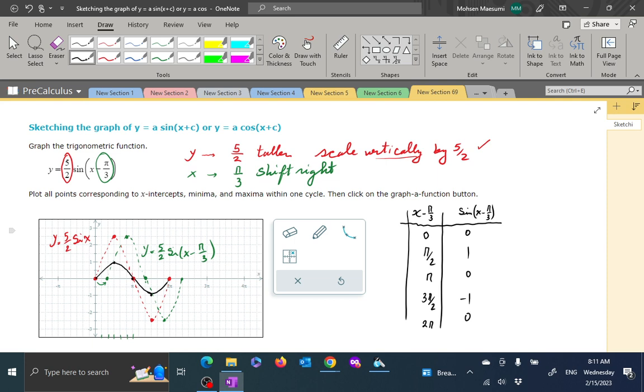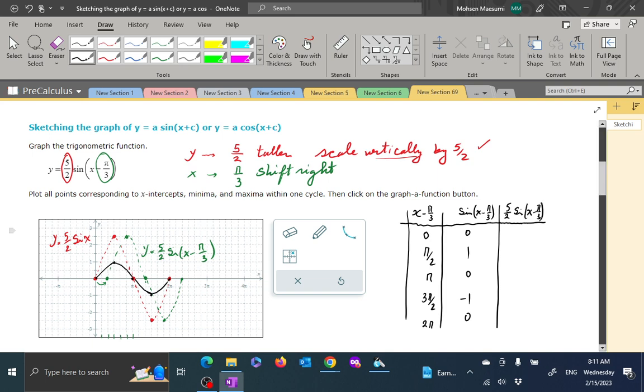And next we come and say, well, neither the input nor the output are these quantities. Rather, I want 5 halves times this. So 5 halves times sine of x minus pi third.